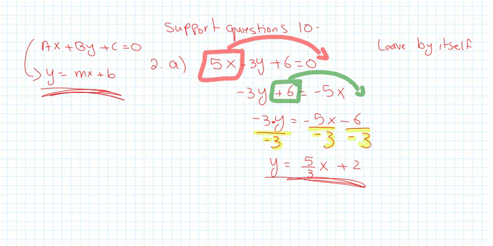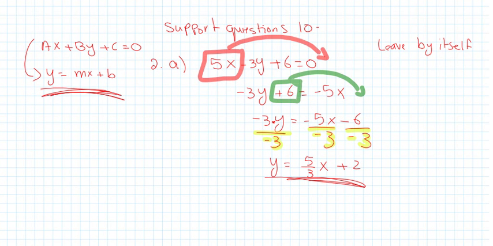Because if I divide 5 over 3, it doesn't give me a whole number, so I leave it as a fraction. Again, your ultimate goal is to leave y by itself. This is easier than doing the other way around.